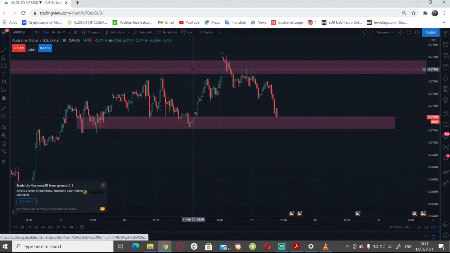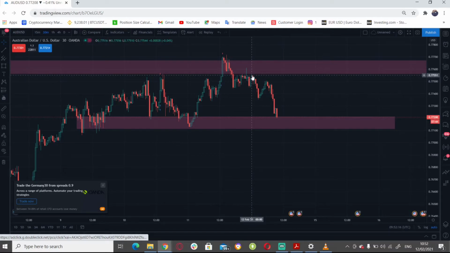So basically, this is the roof, this is the floor, and price is like a ball bouncing up and down. So when you see small candles where price continues to bounce up, this is price creating momentum, which means there's going to be a big move coming soon.